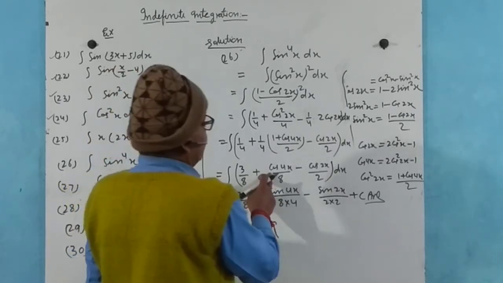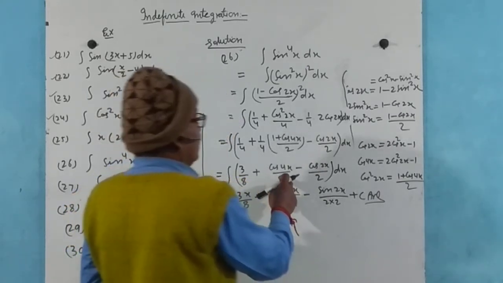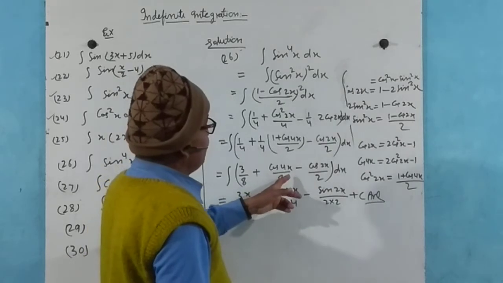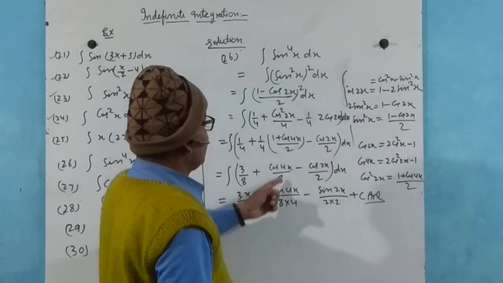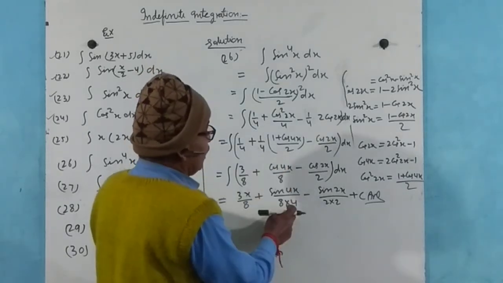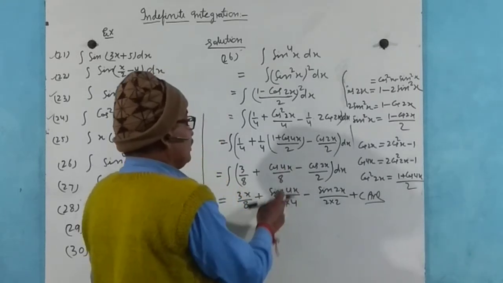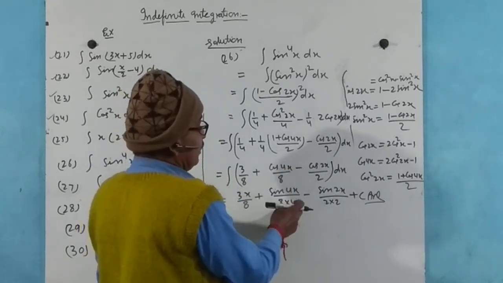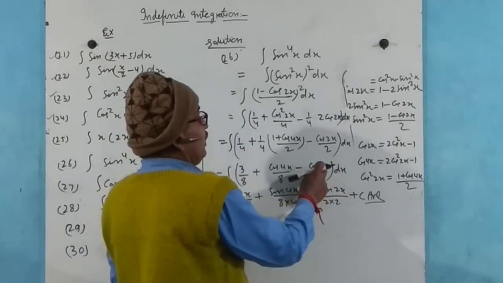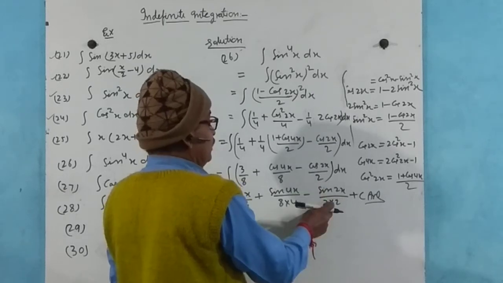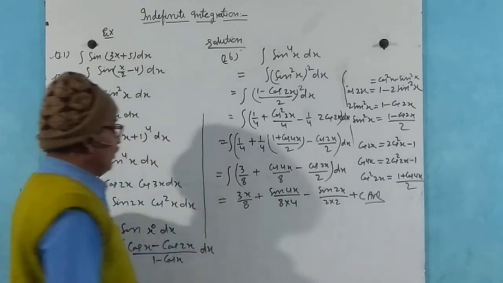Now this is here 1 by 8 here, and as you know that integration of cos(ax plus b) dx is equal to sin(ax plus b) divided by a, so that cos 4x integration of this is sin 4x divided by 4, and similarly cos 2x integration of this is sin 2x divided by 2 here, and C is the integration constant, so this is our answer.